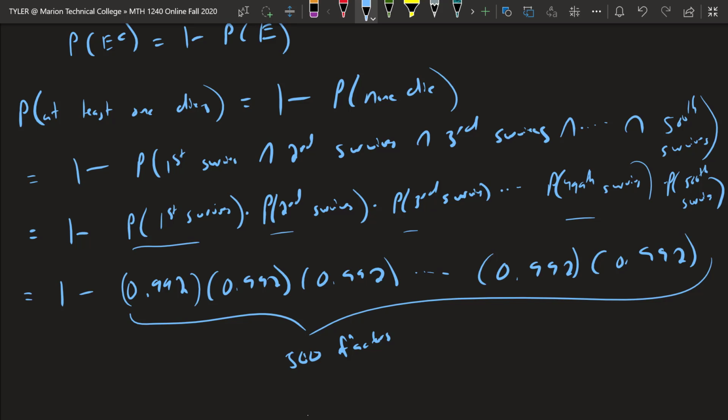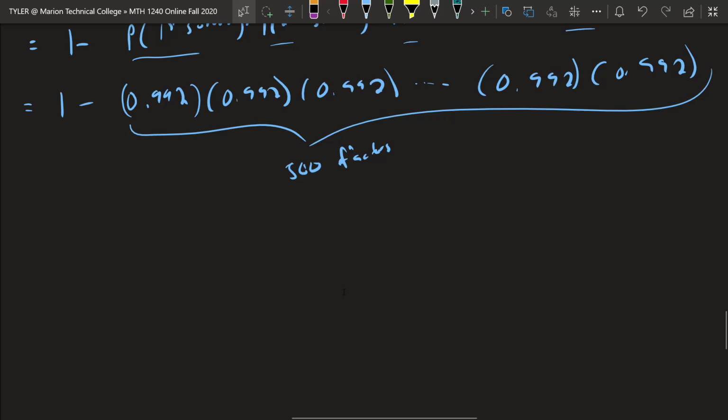So this would be equal to 1 minus 0.992 raised to the 500th power, just using exponential notation. And this is approximately equal to 0.982.